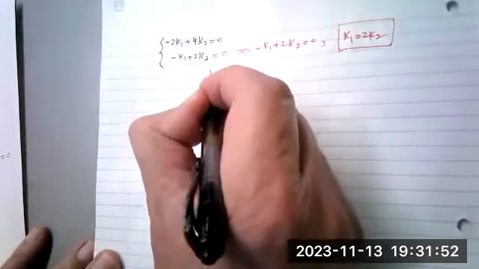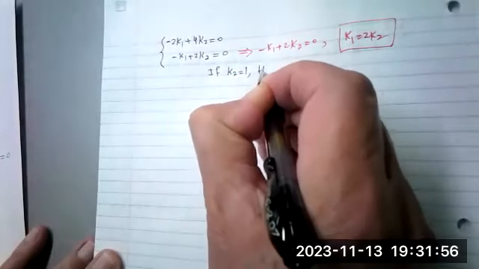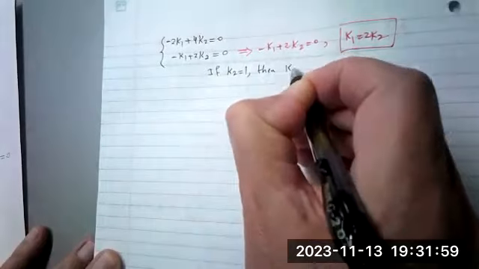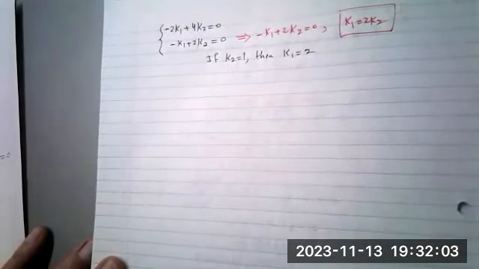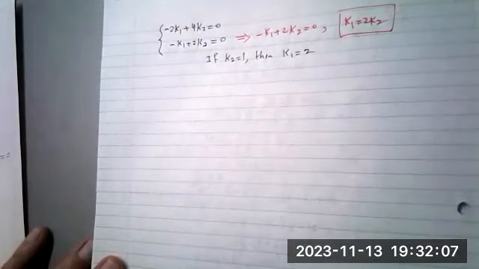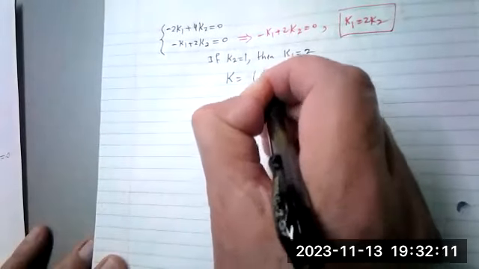For example, if K2 is equal to 1, then K1 is equal to 2. It doesn't matter whichever you pick, because the solutions are multiples of each other. So the K that we pick for this one is 2, 1.